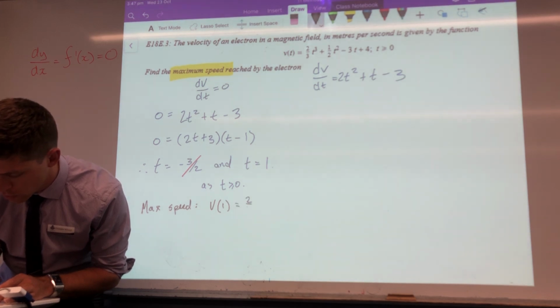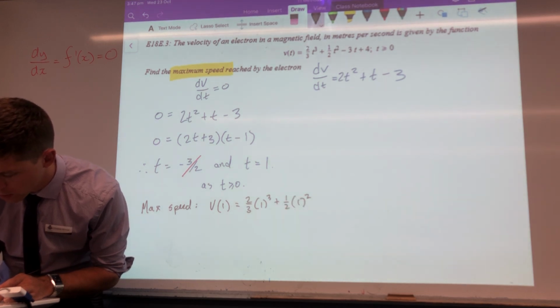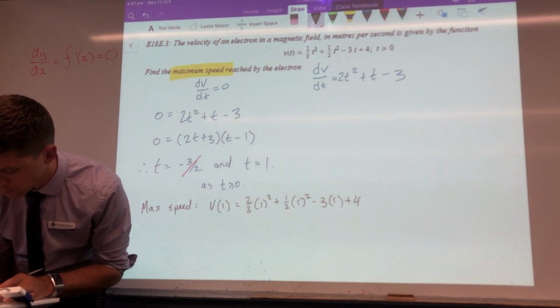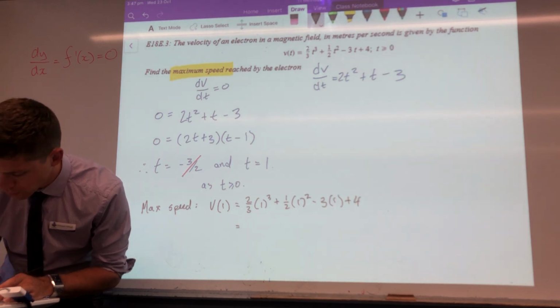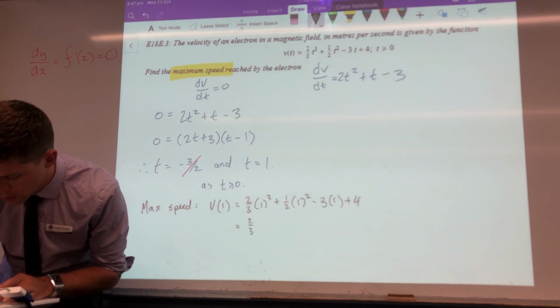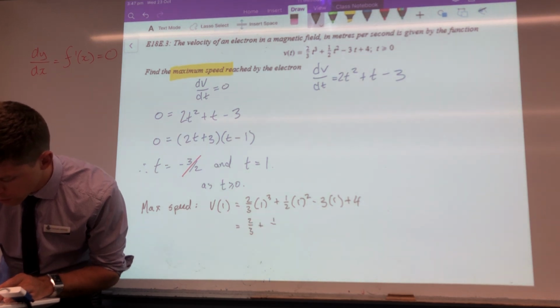So 2 over 3 times 1 cubed, plus 1 over 2 times 1 squared, minus 3 times 1 plus 4. So 2 over 3 plus 1 over 2 minus 3 plus 4, so we've got plus 1.